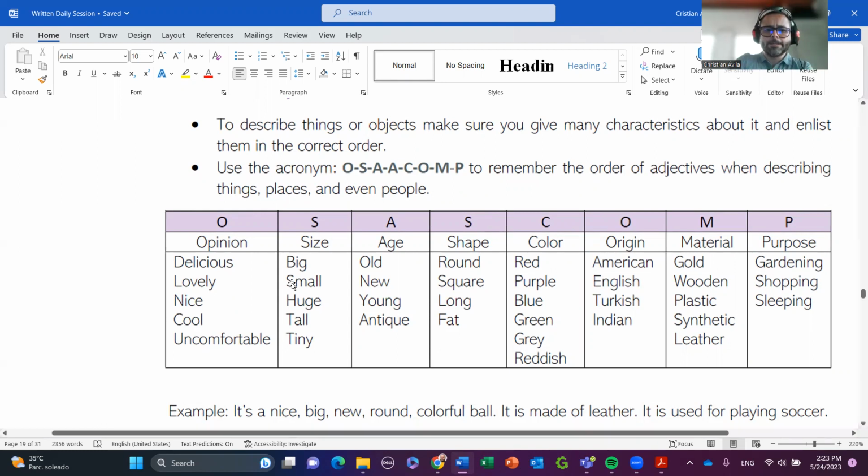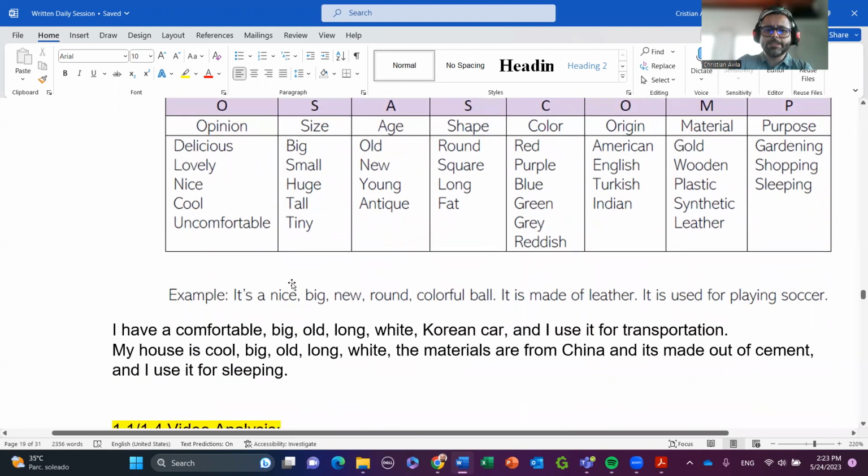According to this chart, the order we have is, first, you need to consider the opinion. Okay. What is opinion? Well, there are some words over here that can give you a clue. Delicious, for example, lovely, nice, cool, uncomfortable, or comfortable. It depends, so it's your opinion.